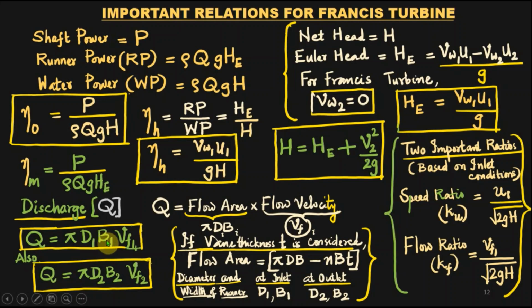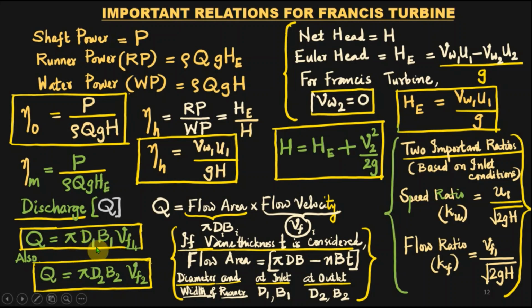So if the breadth or width of the runner is B1 at inlet and B2 at outlet, then pi d1 B1, that is the circumferential flow area through which the flow is entering the runner vanes all around the circumference.